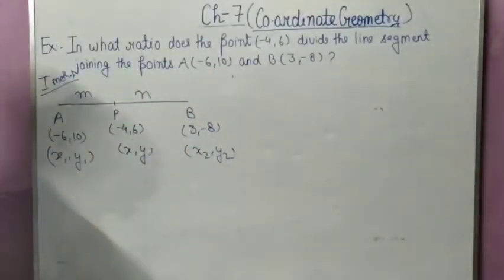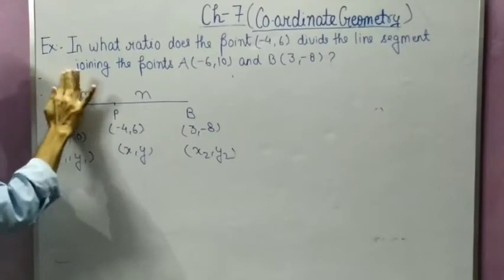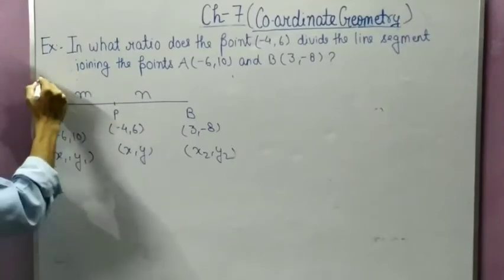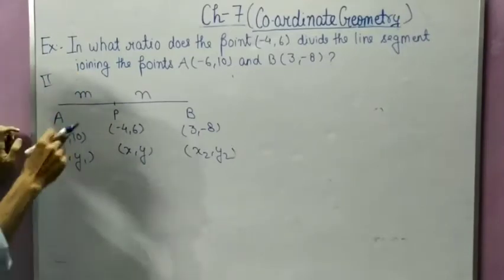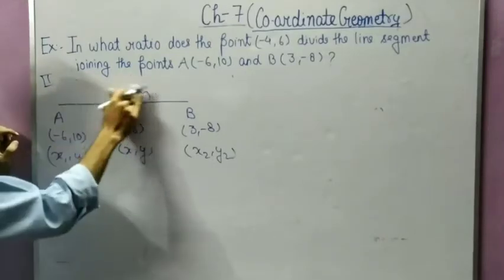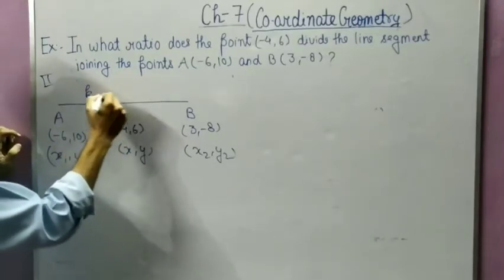Everything is the same, students. In the second method everything is the same except the ratio. In the first case we used m, n. In the second case let the ratio be k ratio 1.